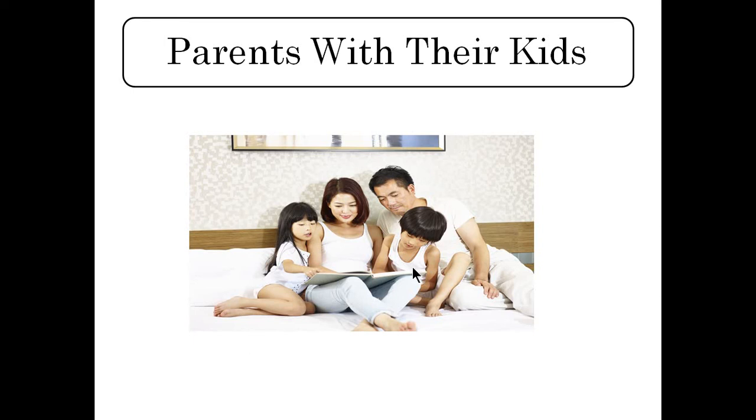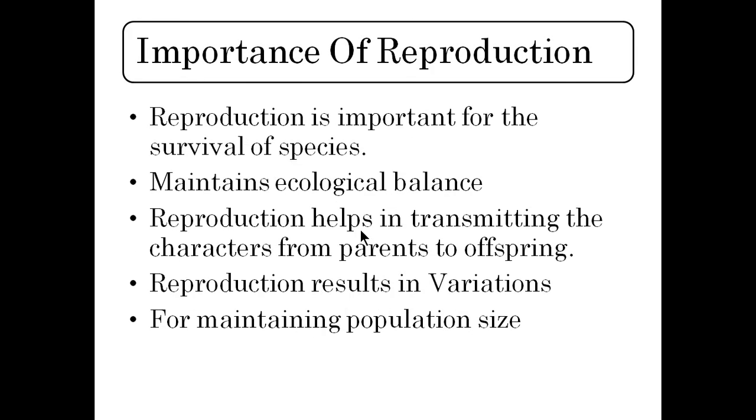Offspring means children or kids which are born, new organisms. But even then they are not exactly similar to their parents, and these are known as variations. From here we conclude that reproduction is very important for the survival of species, meaning continuity of species to maintain life on this earth.